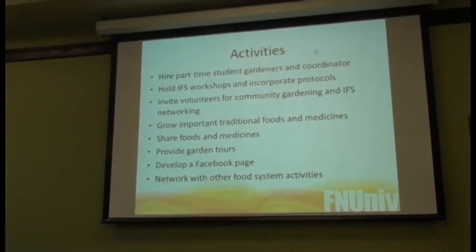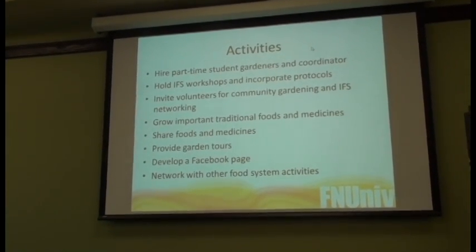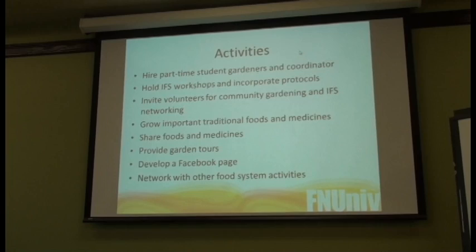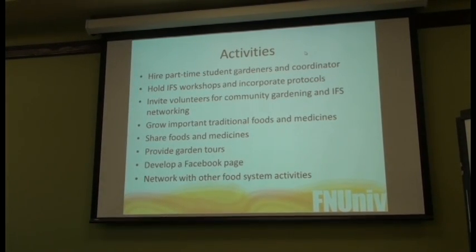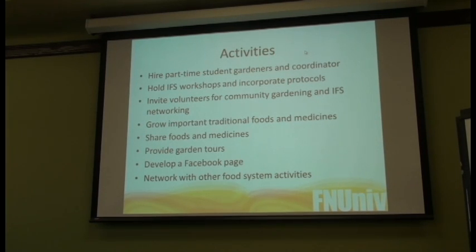Some of the activities we had: we hired part-time students. We had one coordinator and four gardeners, and we held a variety of workshops and incorporated traditional protocols. At each workshop we had mini feasts.